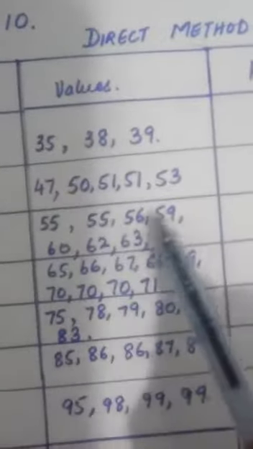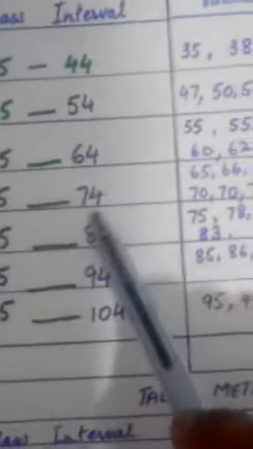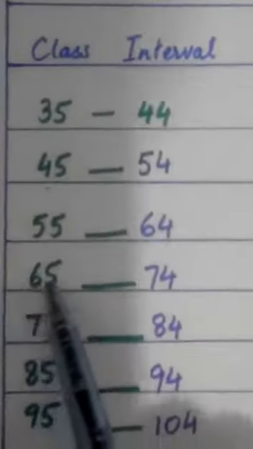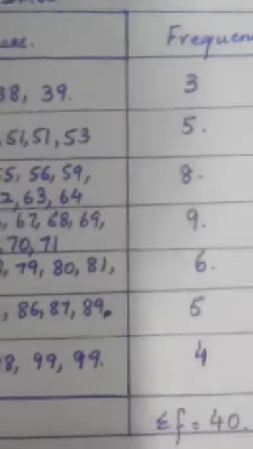Counting the values 1, 2, 3, 4, 5, 6, 7 and 8, frequency is 8. Similarly, between 65 to 74, coming back towards the column, counting the values, the frequency comes out to be 9.